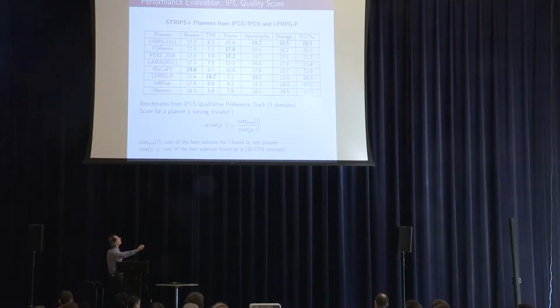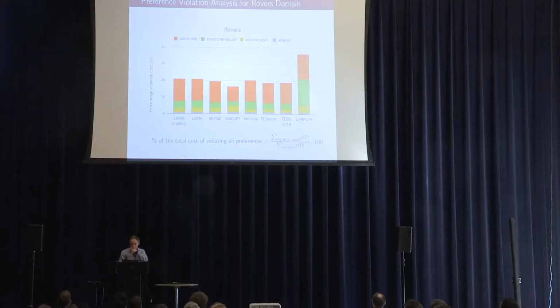Overall, in the total column, we can see that a version of LAMA that we consider performs quite better than LP-RPGP. We have also analyzed the percentage of the total cost of violating all the preferences in the plans generated by the planners, here for each domain.